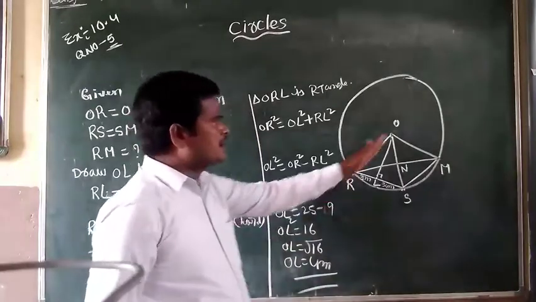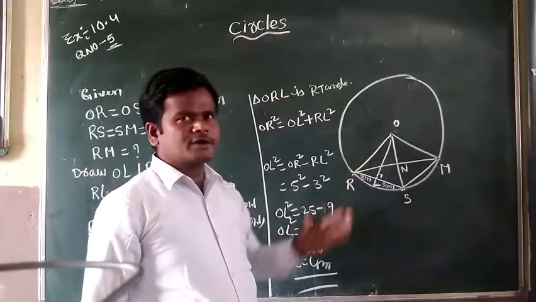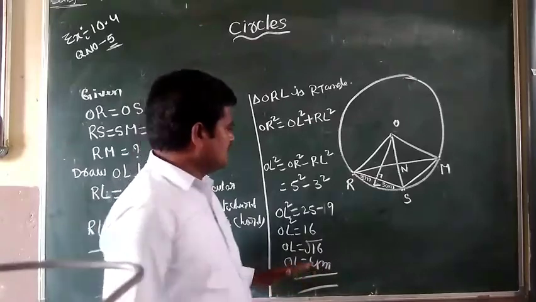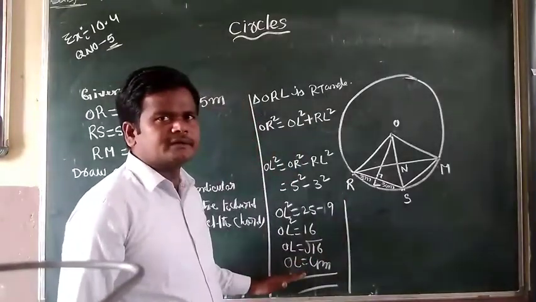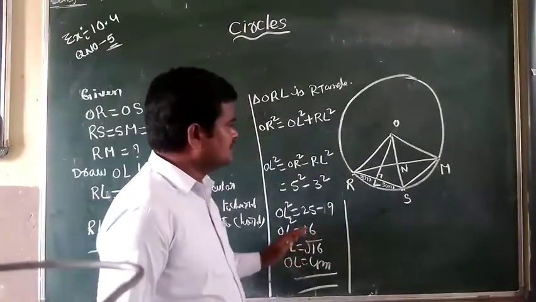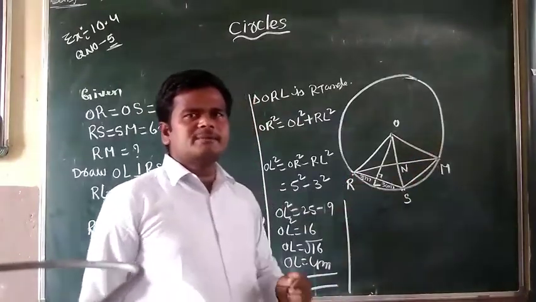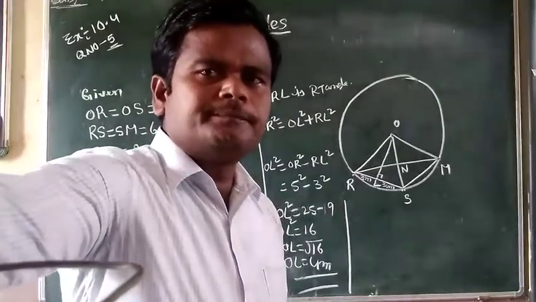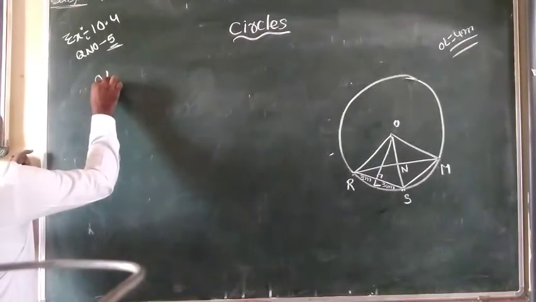So this perpendicular length is 4 meter. Next you have to find the distance between Reshma and Manideep. We know that OL equal to 4 meter.